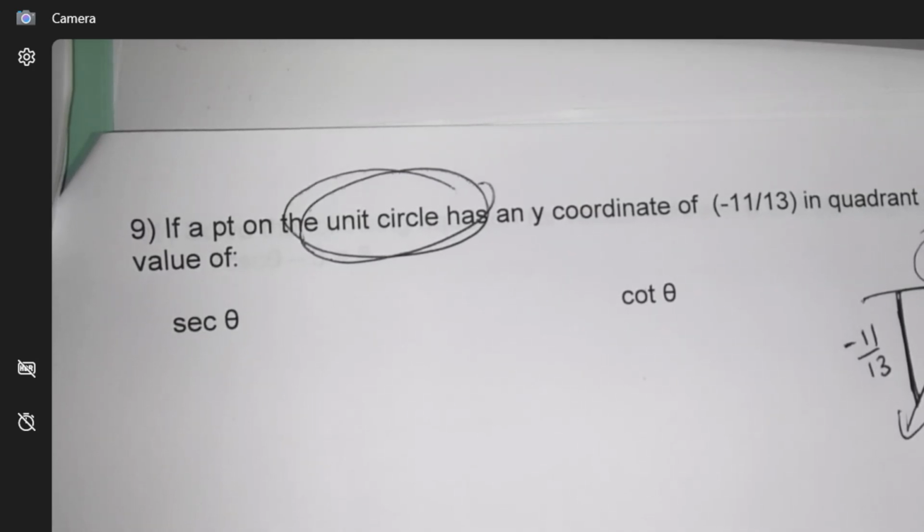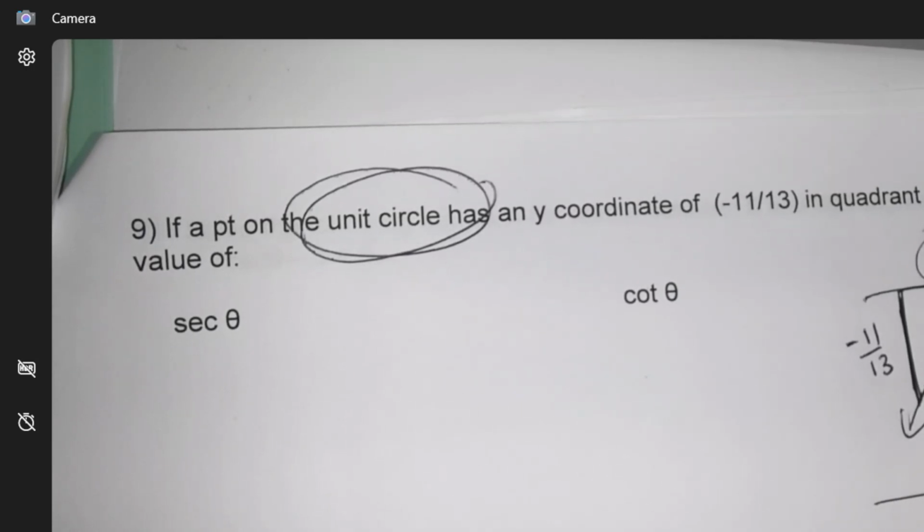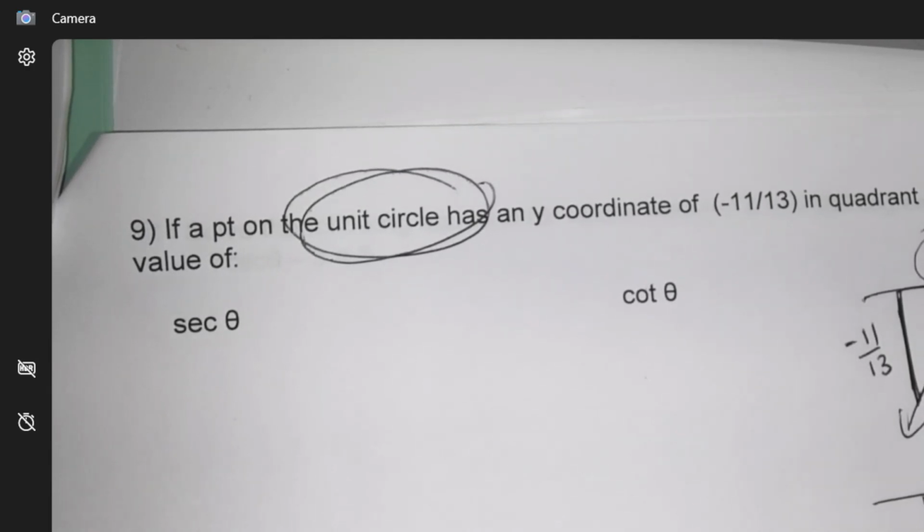Okay, would you like me to work with fractions or do you want to blow it up? Okay, we want to blow it up. So if I blow it up, I'm multiplying it by 13. So I multiplied it 13 times bigger.